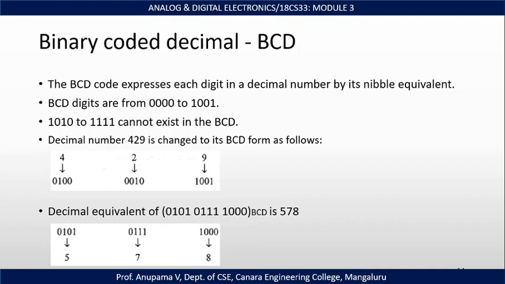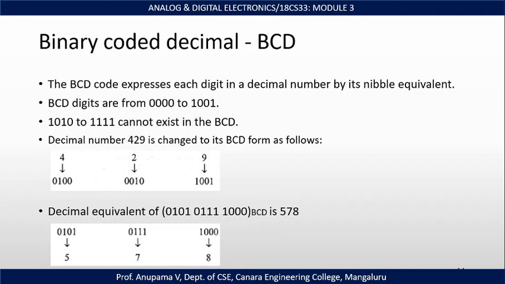Now, in the case of BCD code, each BCD digit is represented by 4 bits, and BCD digits are from 0000 to 1001, that is from 0 to 9, and the other values, that is 1010 to 1111, will not exist in BCD. Now we will convert decimal number 429 to BCD.